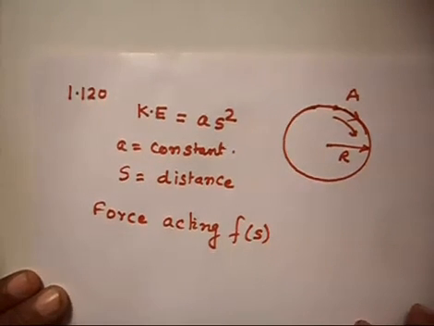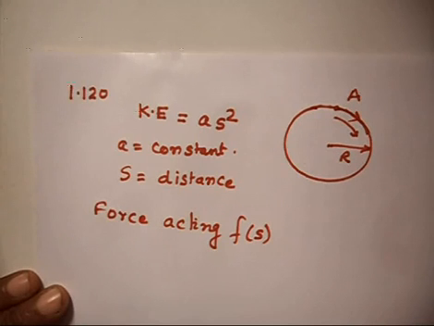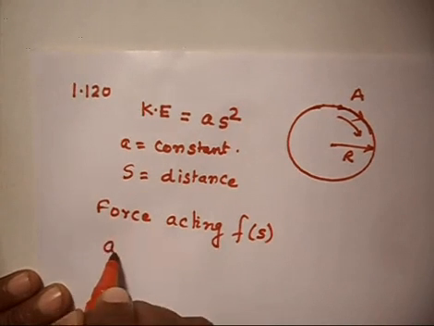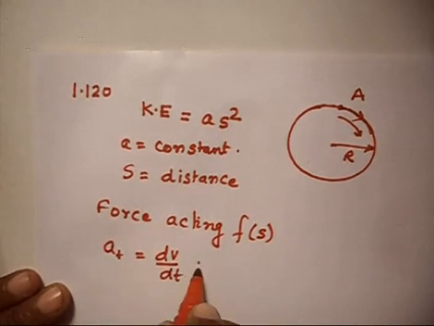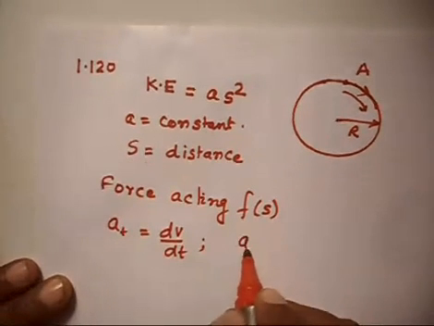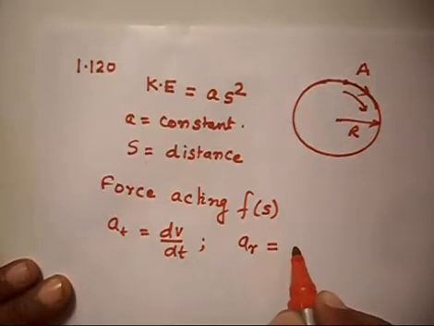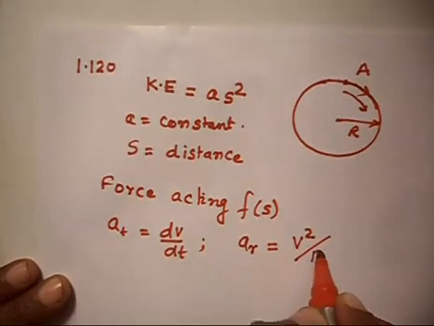So let us use the idea: anything moving in a circle will have a radial acceleration and a tangential acceleration. Tangential acceleration is given by dv by dt, and radial acceleration is v square by r.